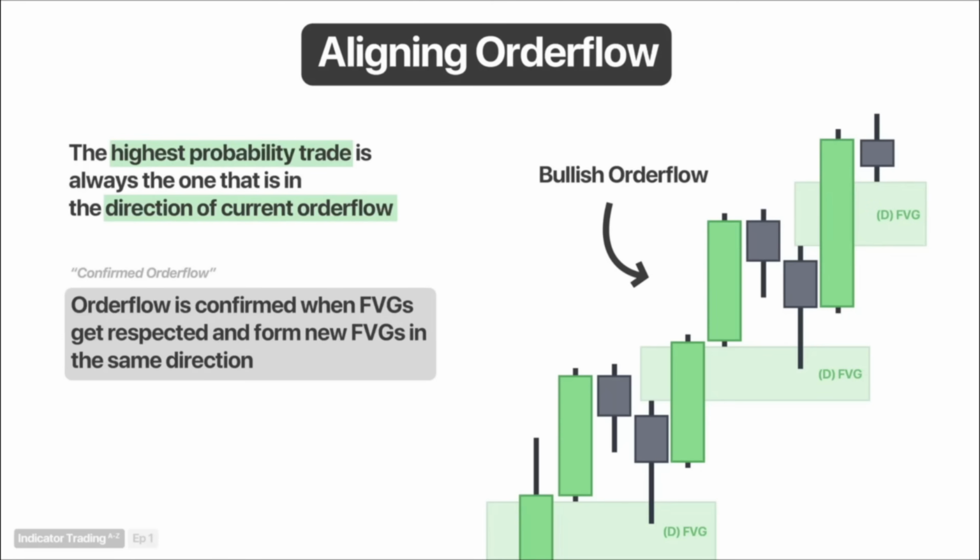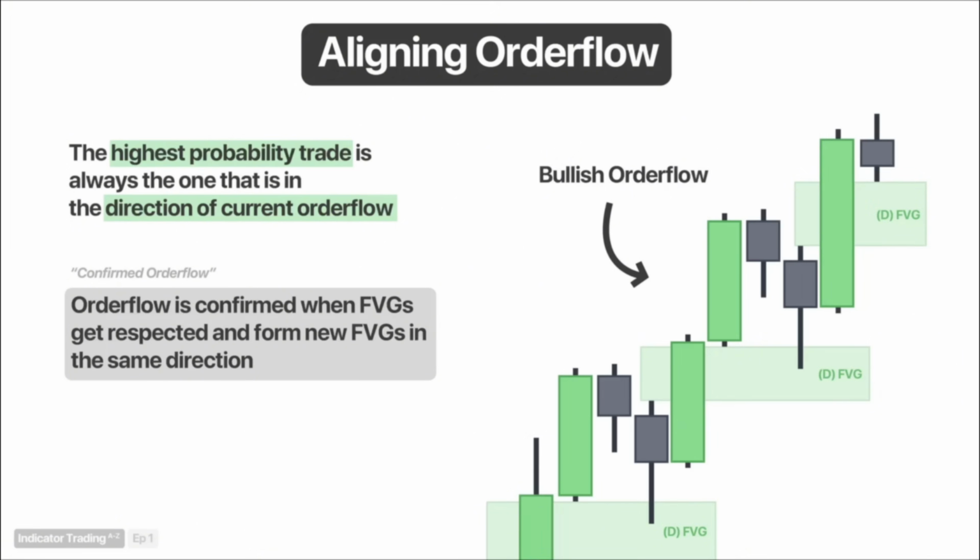When it comes to aligning order flow, the highest probability trades are always going to be the ones that are in the same direction as the current higher time frame order flow. This right here in front of you, it's a daily chart. Each of these candles is a day's worth of price action. We very clearly have bullish order flow.